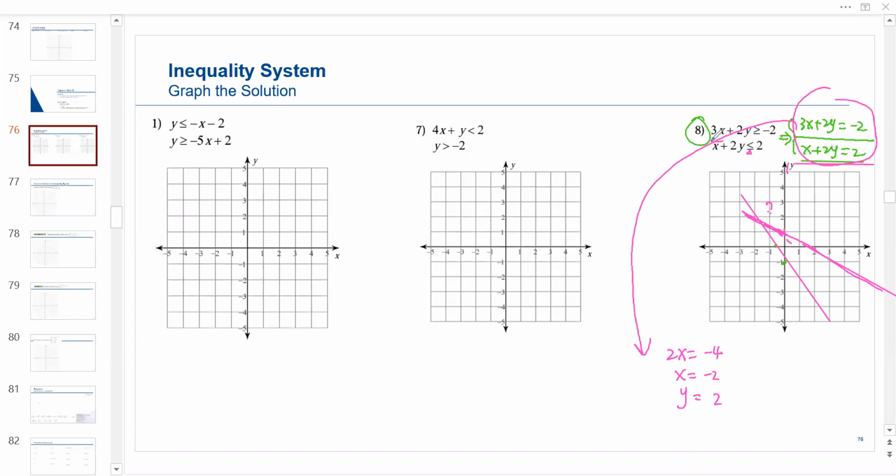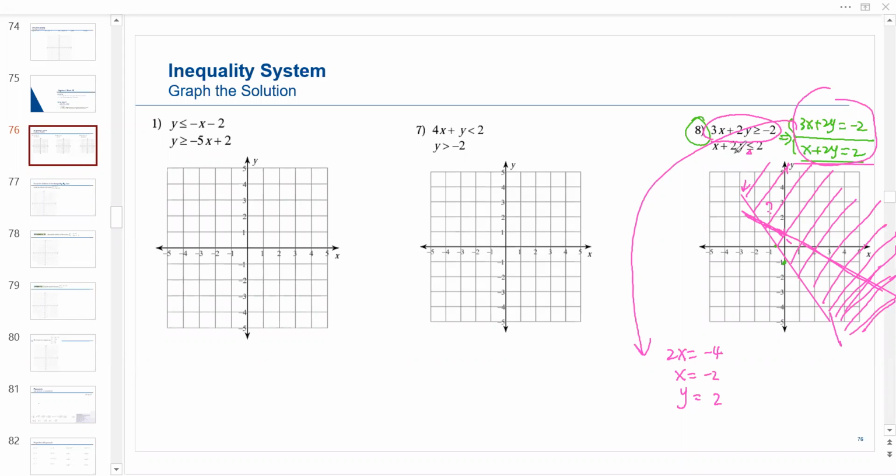All right, so we want to find out which is the area. For this part, let's check the origin first. So this one is this line, right? Let's see whether they include the origin area or not. If we put in (0, 0), 0 is greater than -2, right? So it should be above this line. So it should be this area for the first one, and they include this borderline.